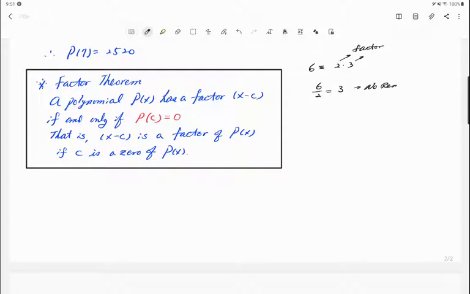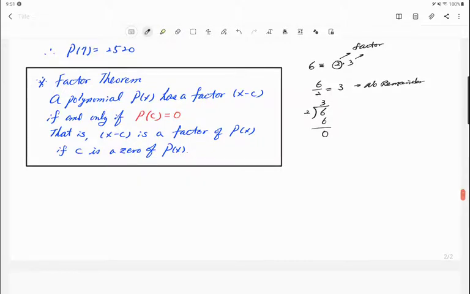So when you divide 6 by 2, then 3. So 2 times 3 is 6. Then the remainder is 0. So if something is a factor, then there's no remainder. If there's no remainder, that means it's factorable, right?